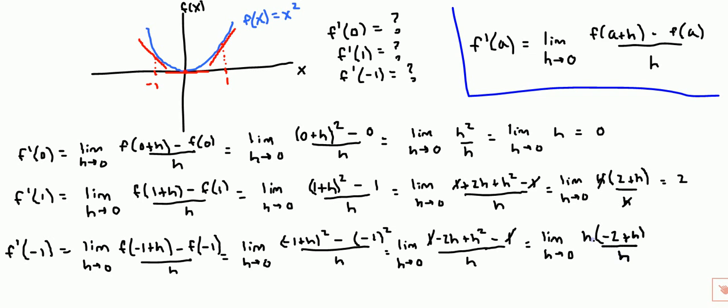Those cancel. And now we have the limit as h approaches 0 of -2 plus h. There's no h here, this is just a number. This h is going away, it's going to 0. This limit equals -2. So the derivative at -1 is -2. It's less than 0, right? That makes sense.